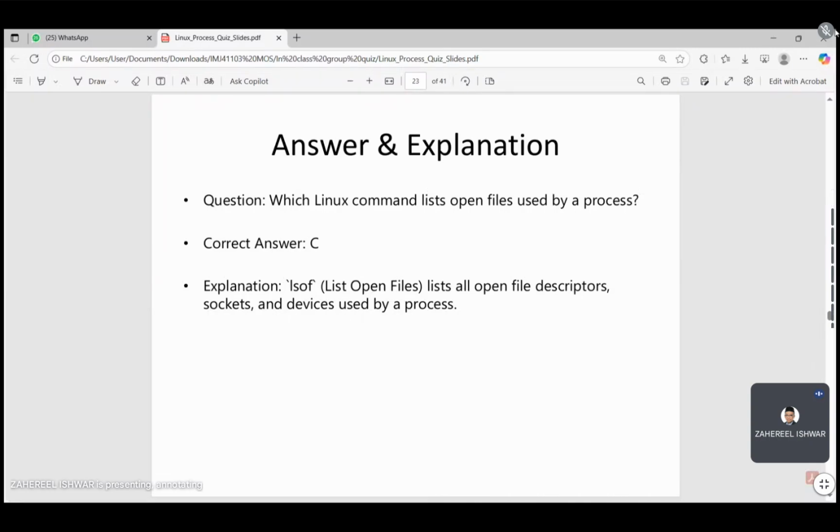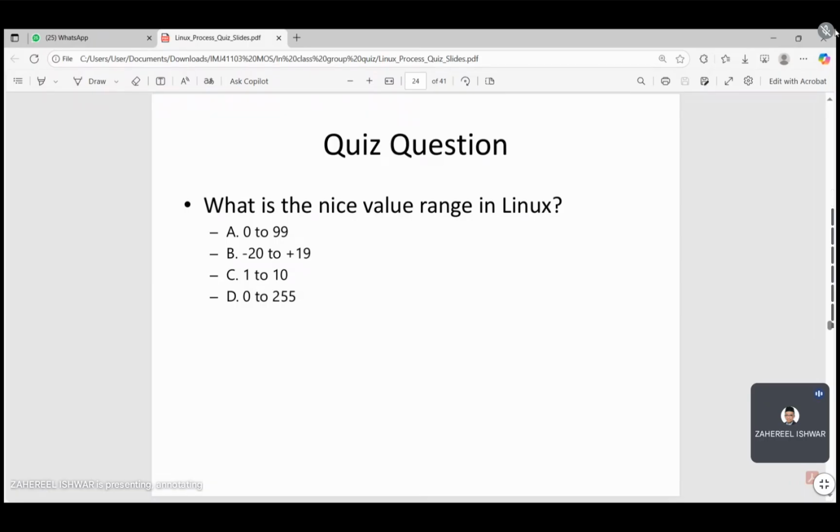But for other things, basically what we do with all these devices is either read from them or write to them. So reading and writing means we are reading and writing to a file. So Linux represents everything as a file. So when you say list open files, it lists basically everything that particular process opens or is accessing at a particular time. Okay. Now, quiz question again.